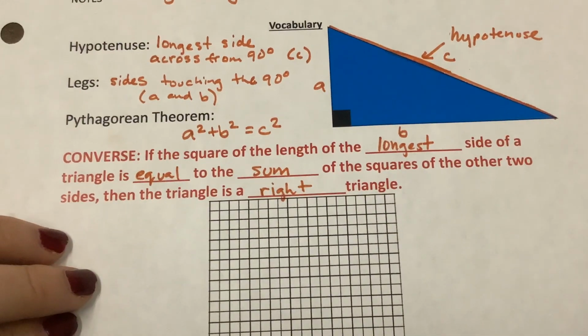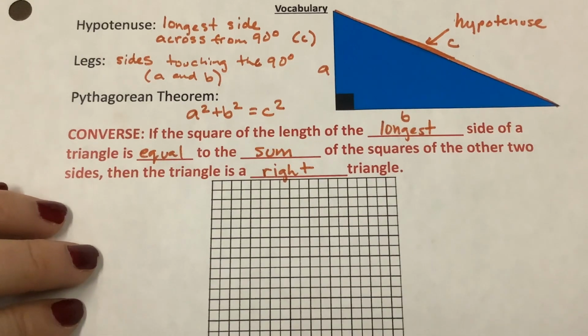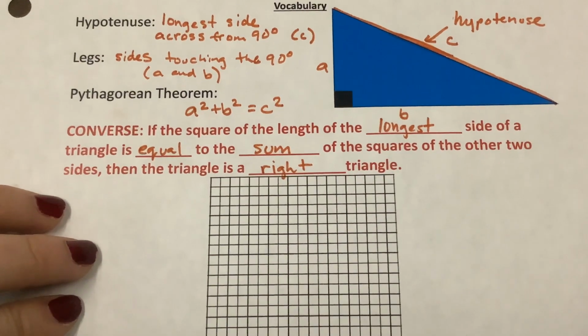It will only work for a right triangle. And it being a right triangle means that it has a 90-degree angle.